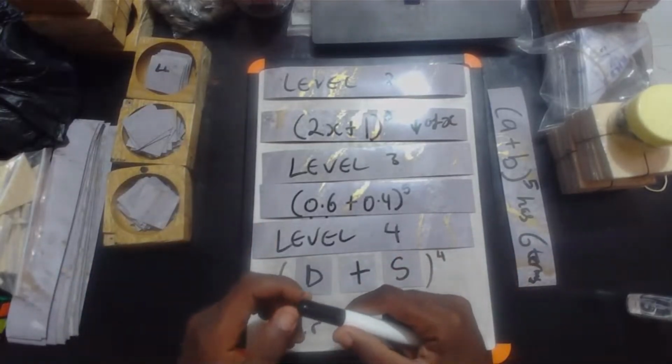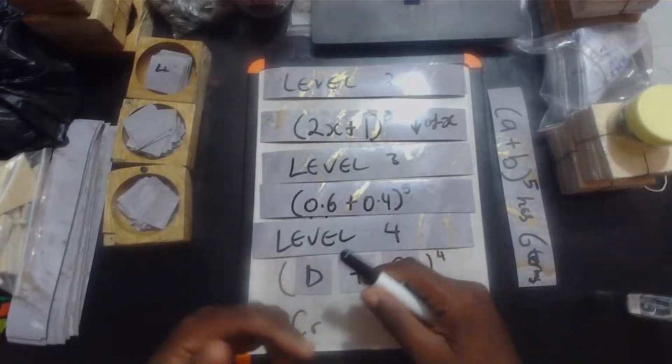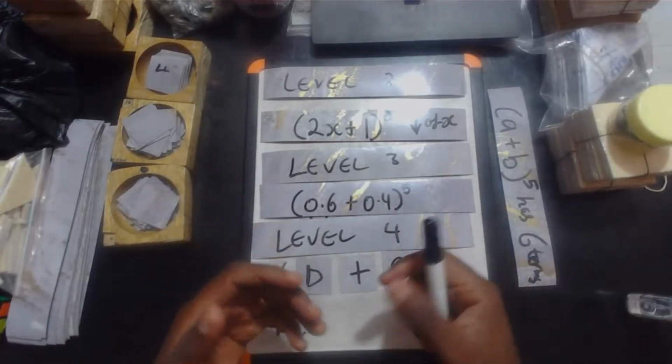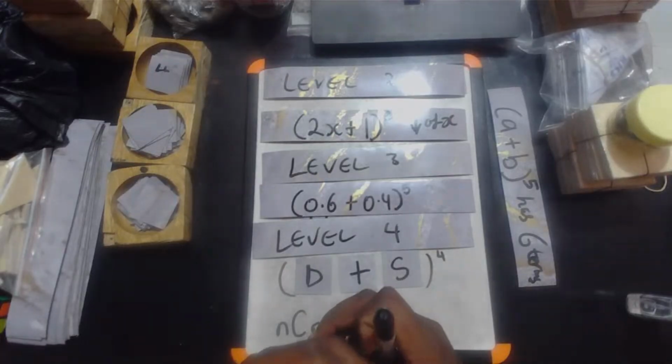Then analyze the expansion. What does each term represent? Which term appears most frequently and why? And how could the trader use this information?